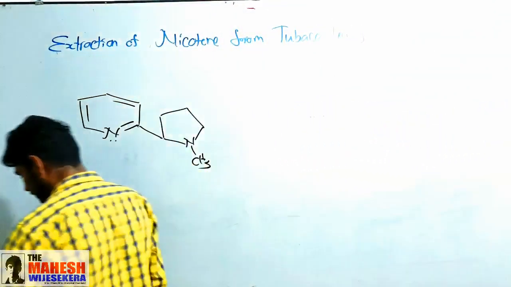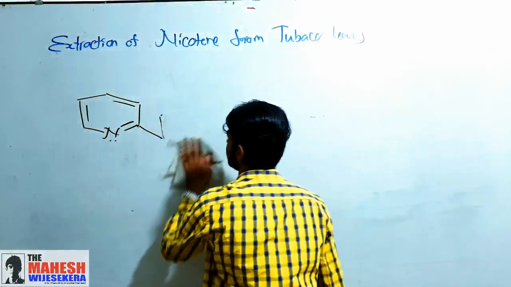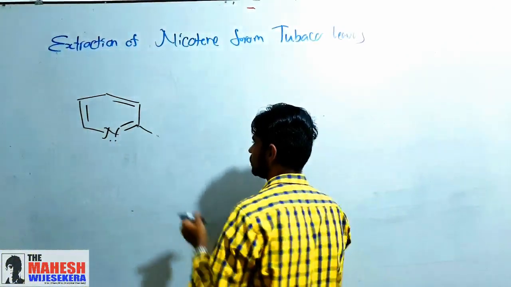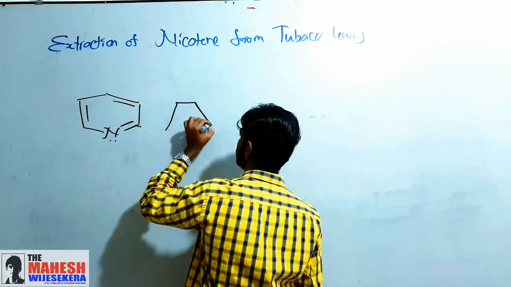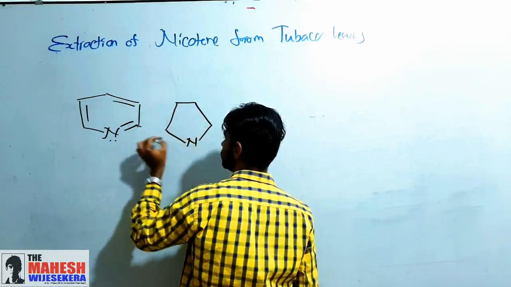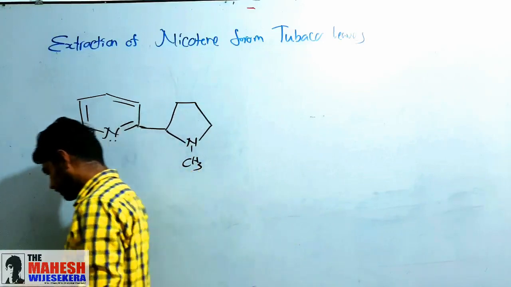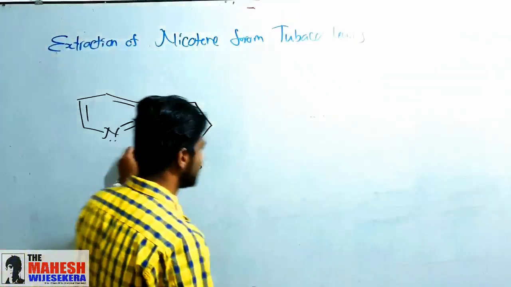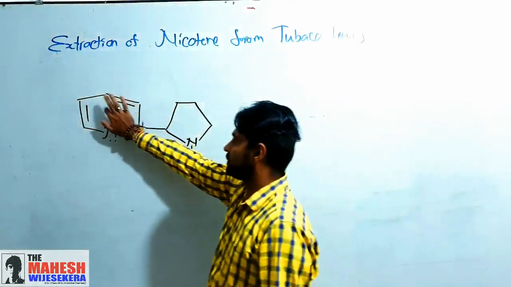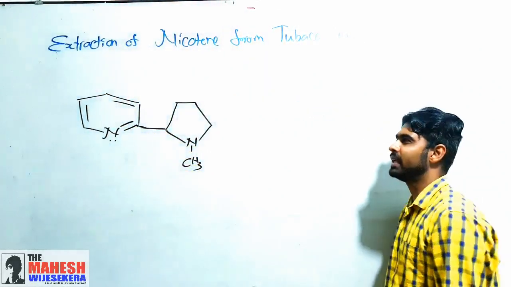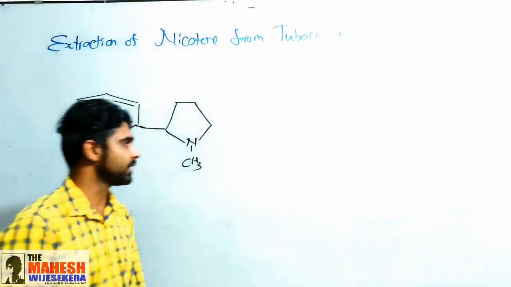This is nicotine. I just square it. Right, this is nicotine. So it has a pyridinic ring, nitrogen, right? So this pyridine is somewhat harmful for people, okay?